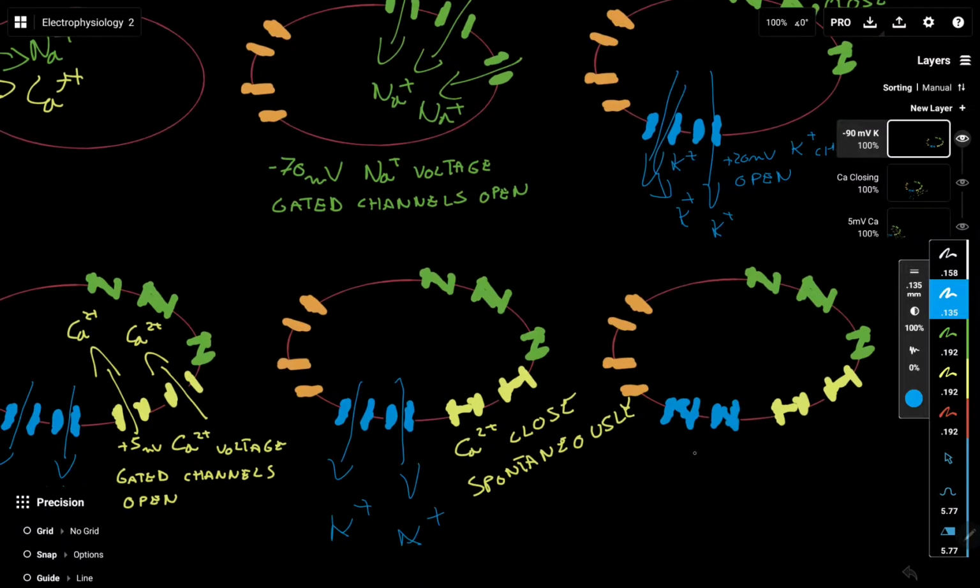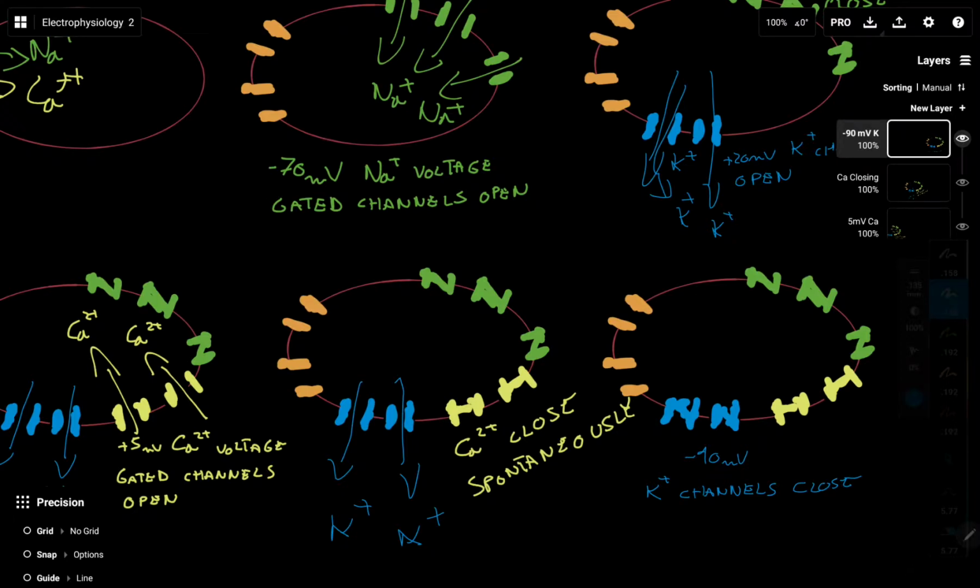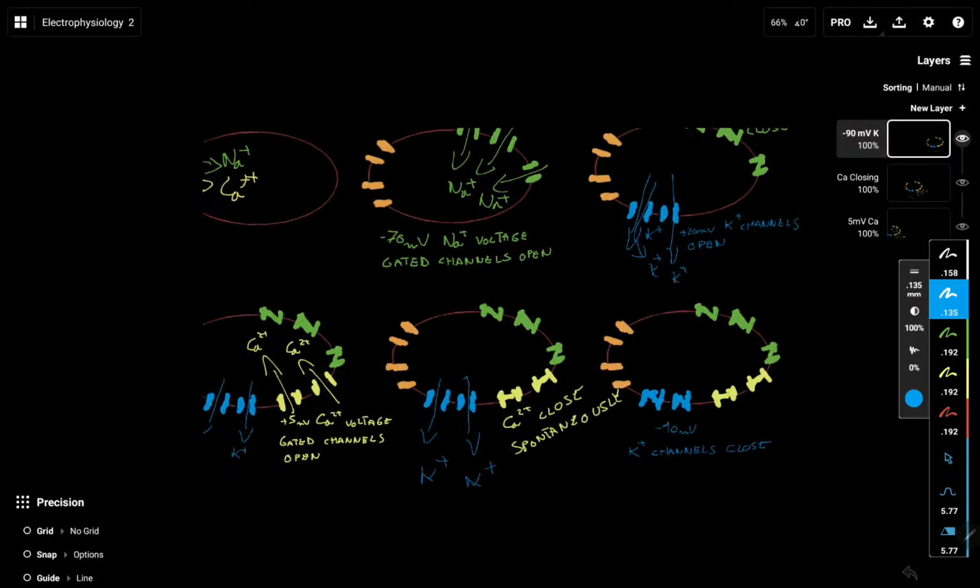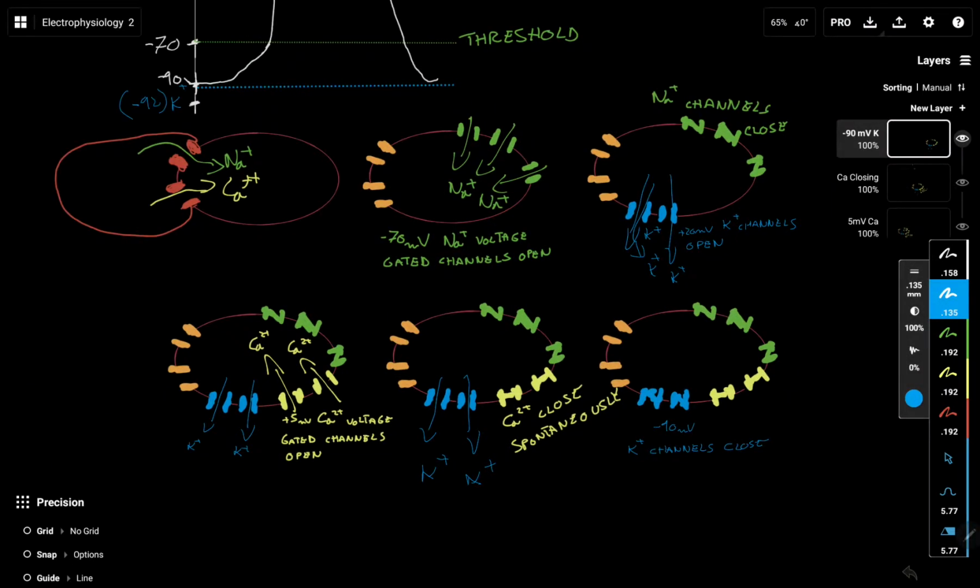So at minus 90 millivolts, potassium channels close. And what's going to happen now? Well, it's simply the cycle starts all over again, doesn't it?